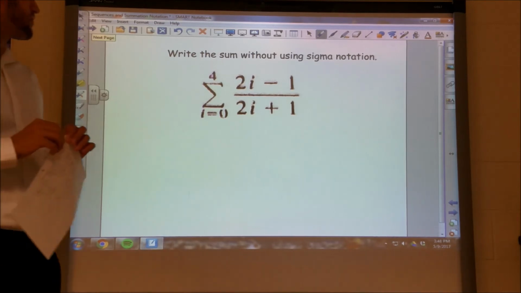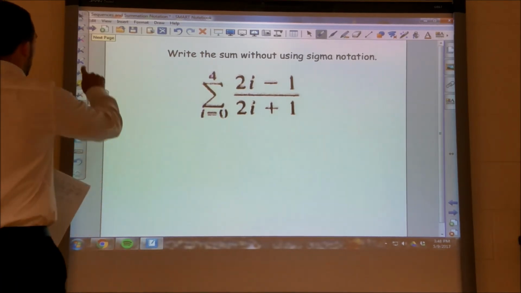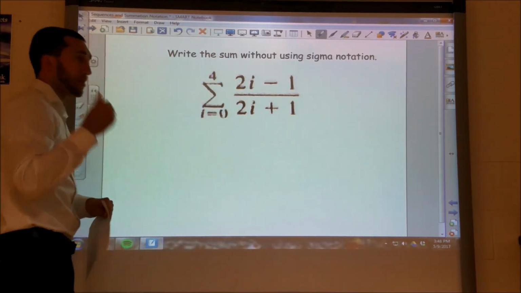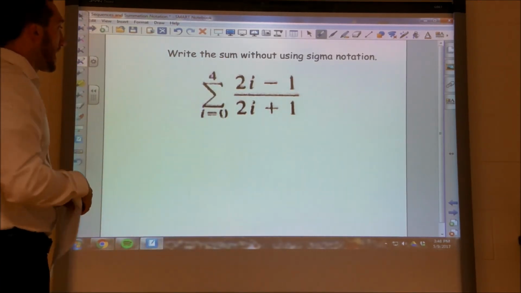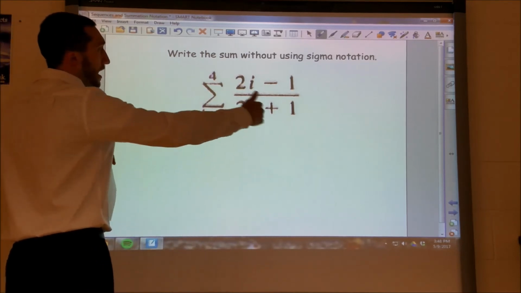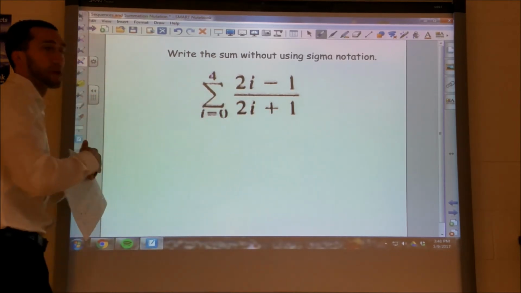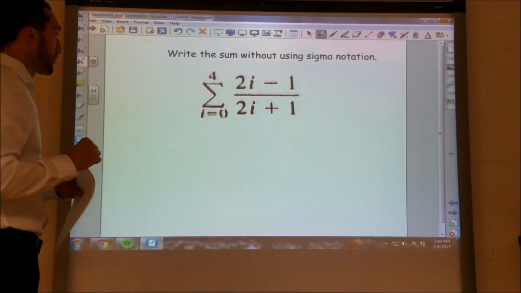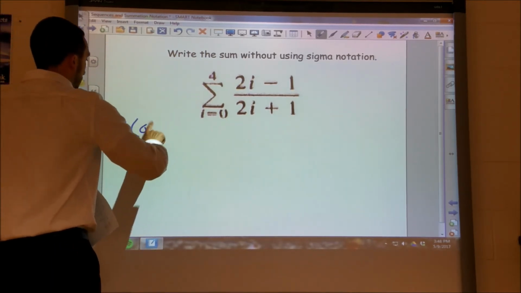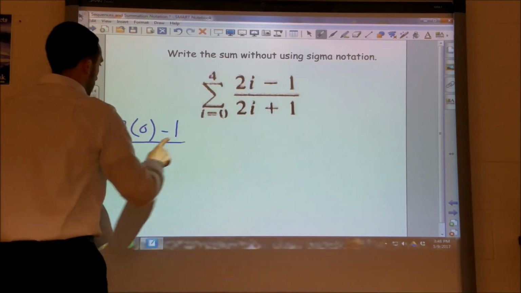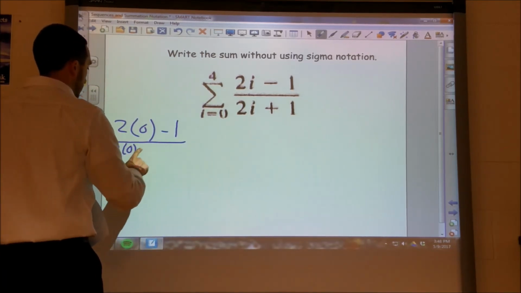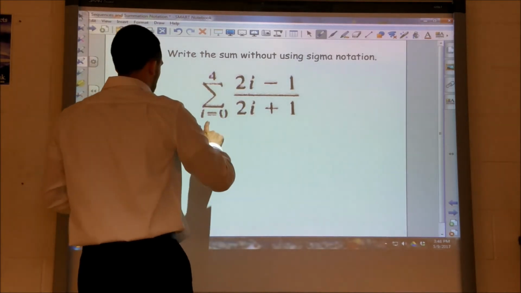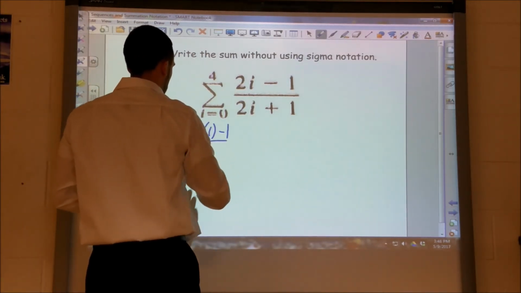Now they want me to write the sum without using sigma notation. So I'm just going to take my terms from 0 to 4. I'm going to plug those in for my i, and I'm going to just write out the sum. I don't need to find the sum. They just want me to write the sum from when i equals 0 to when i equals 4. So I plug 0 in every time I see an i. Then I plug a 1 in every time I see an i.